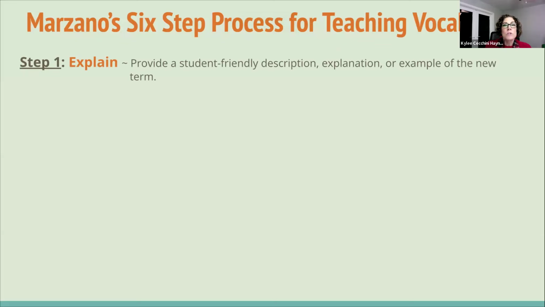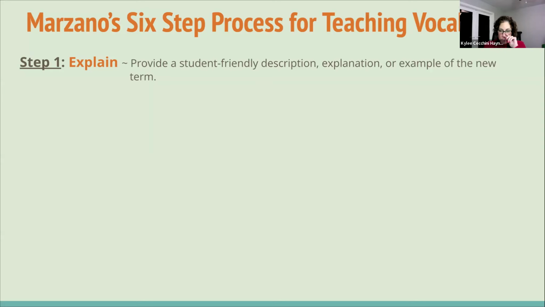All right. So when we're teaching vocabulary, there are 6 steps. Marzano says that the research shows if we do these 6 steps, really students will have a deep and abiding understanding of the word. So the first step is to explain the word, to provide a student-friendly description, an explanation, an example of this new term.